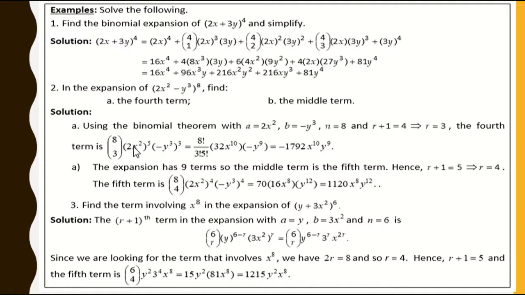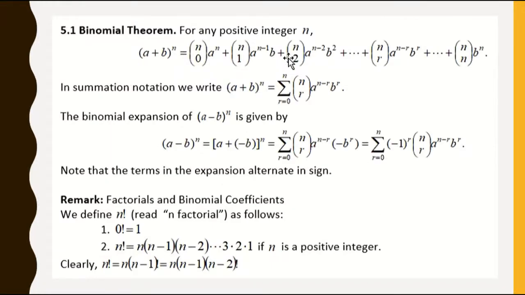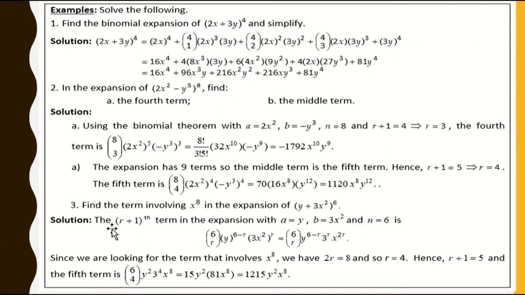Multiply it. Where does this come from? Here in our binomial theorem, a to the power of 8 minus 3. Since this is the fourth term, n minus 3 is on top. So, this is 5.